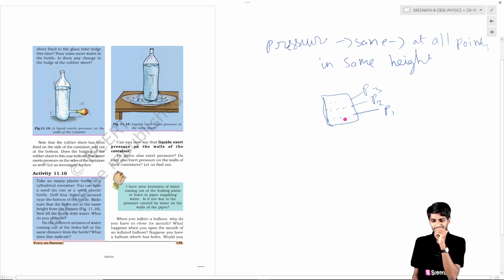What does it finally mean? Pressure is the same at all points at the same height. Pressure depends upon the height. Finally, liquids exert pressure on the walls of the container. For that reason only they are bulging out.